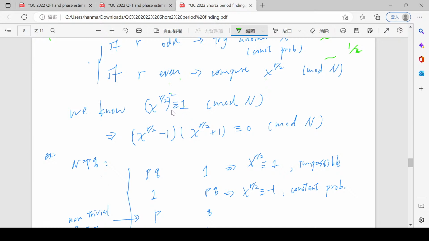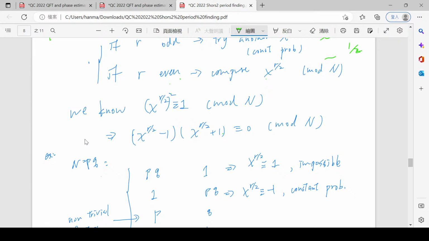So if we move this 1 around, then this is x squared minus 1 equal to x plus 1 and x minus 1. Okay. So we see that x to the r over 2 minus 1 times x to the r over 2 plus 1 is equal to 0 mod N. So this is a multiple of N.